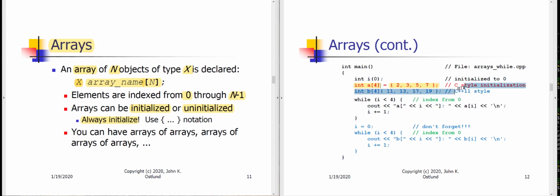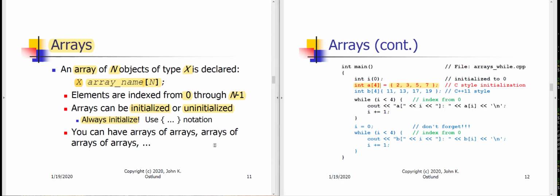Now, in recent versions of C++, you can leave out that equal sign in between the declaration of the array and the list of initial values that are stored into the array. You'll see this written in either of those two ways.